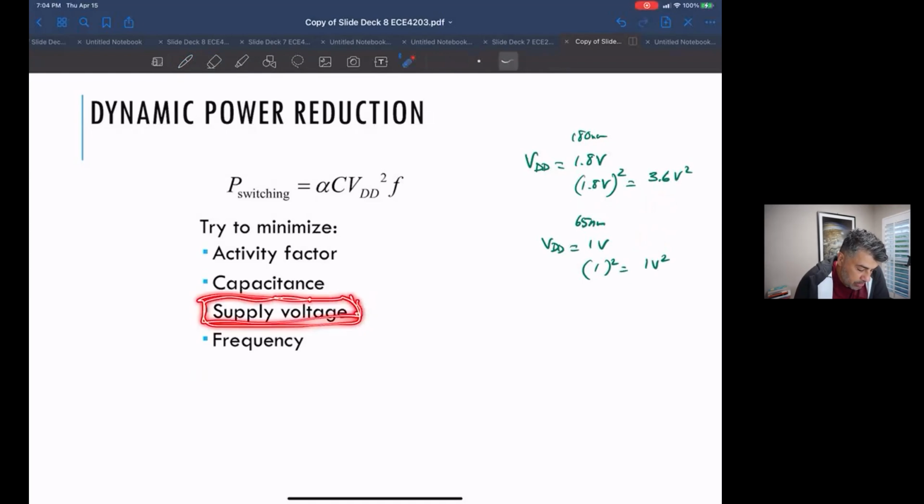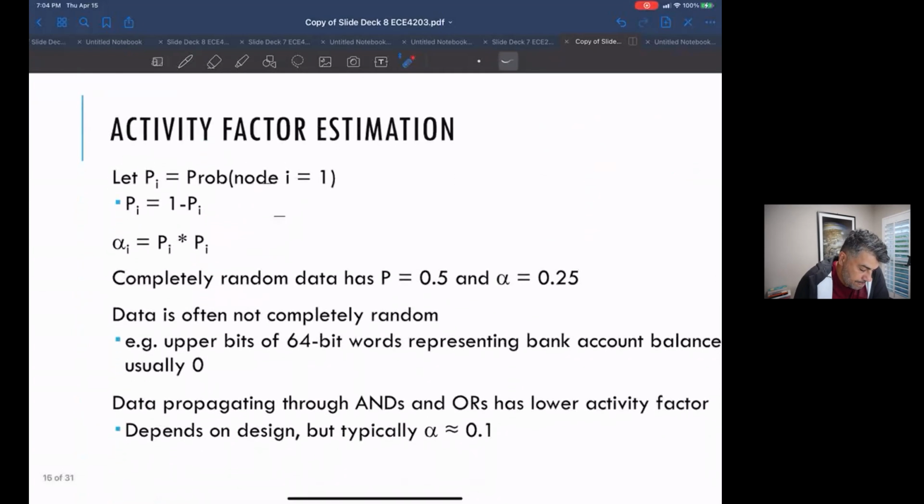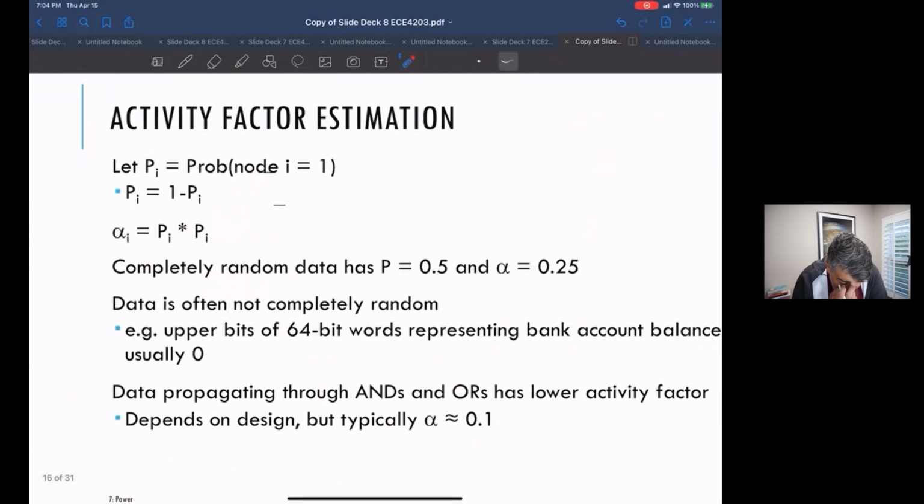That is probably the best way to reduce power consumption. But there are also ways to reduce your frequency, capacitance, and activity factor. Let's take a look at some of those. We talked about what the activity factor typically is.